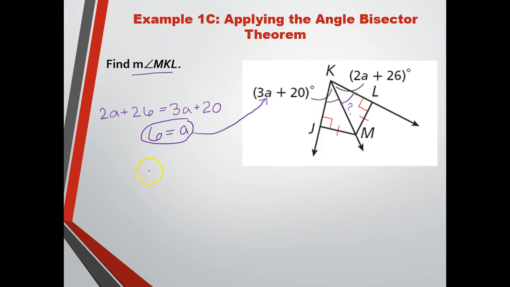But plug your A back into where it's supposed to go, and the measure of angle MKL is equal to, I'm going to plug it in like this, 2 times 6 plus 26 degrees. And that is equal to 38 degrees. And we're done.